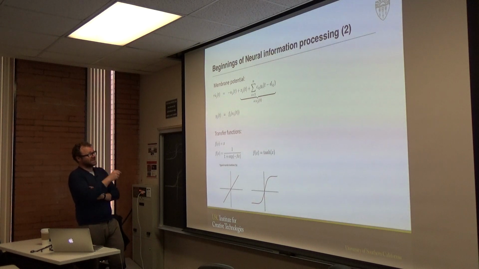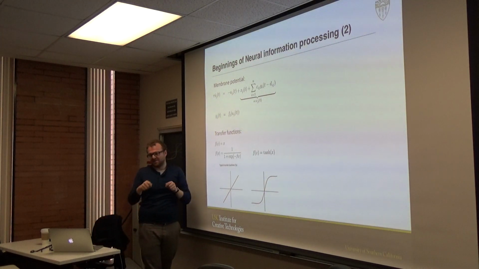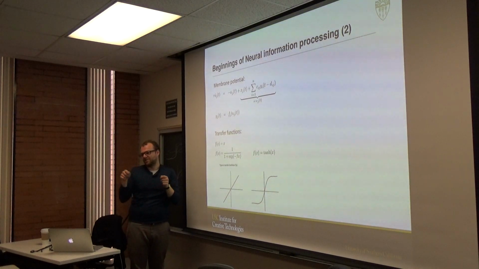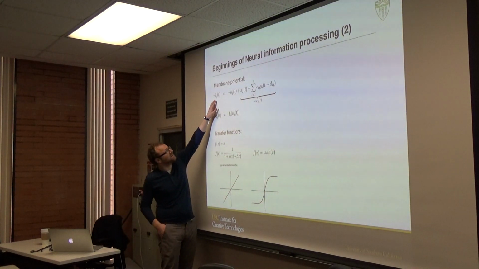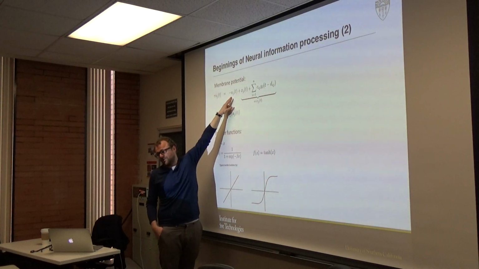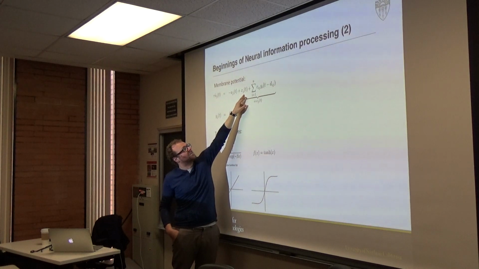What this means is that our membrane potential, the charge of the neuron itself, is dependent on the old potential, okay, plus some external input.